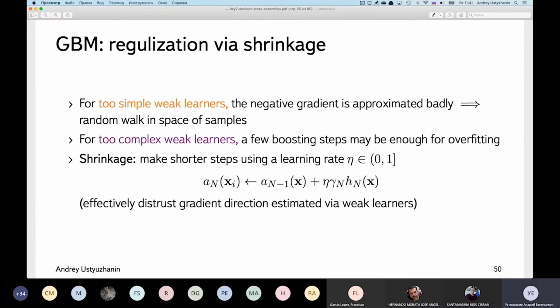So we can regularize by changing the learning rate with the number of iterations.